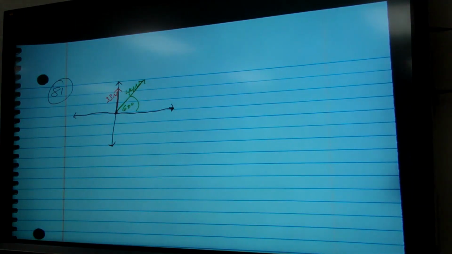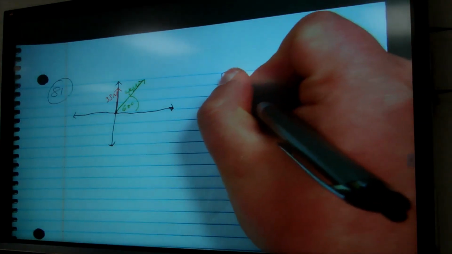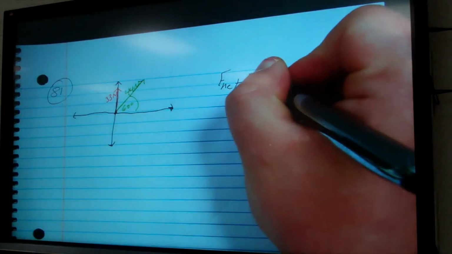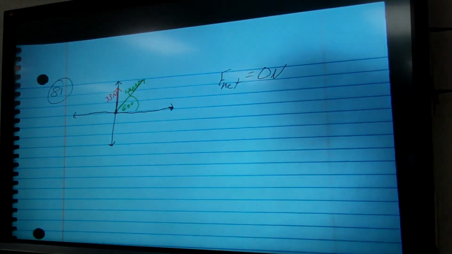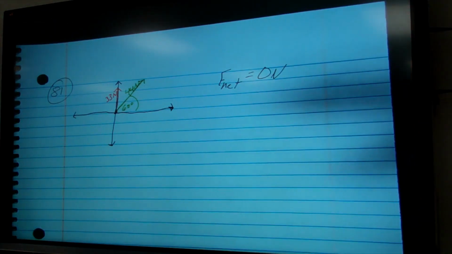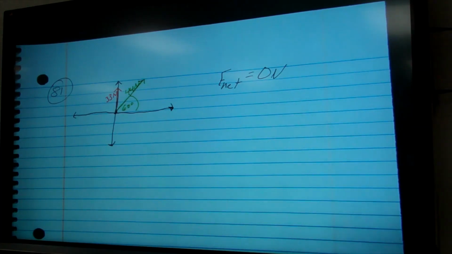The thing that we know is that our net force is equal to 0. We know that because it says it's at equilibrium. Therefore, it's not moving. Since there is no motion, all the forces are canceling out and nothing is accelerating it.